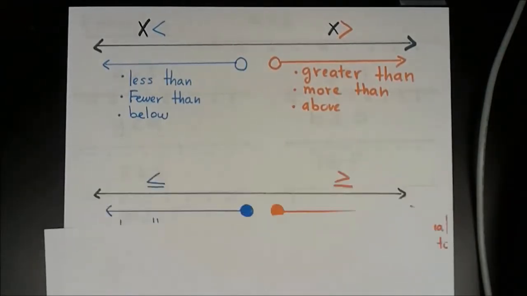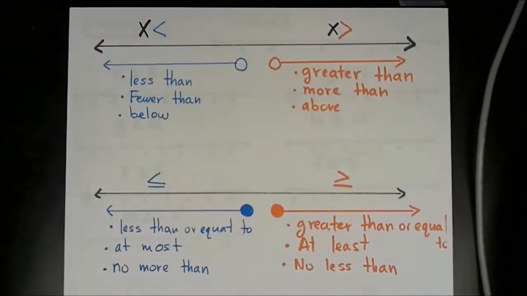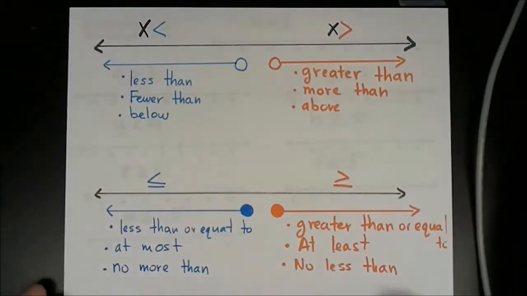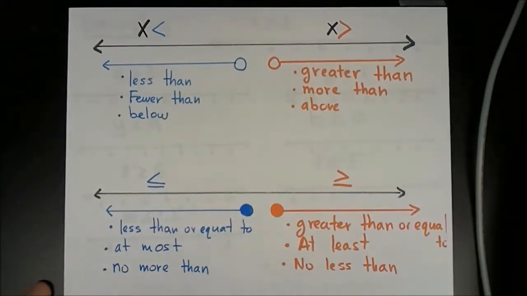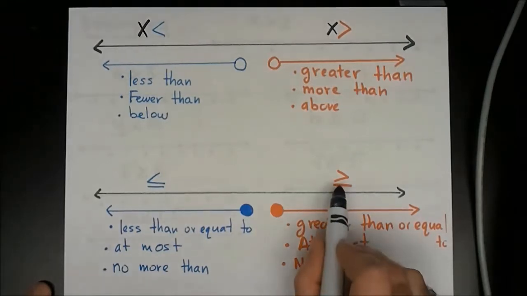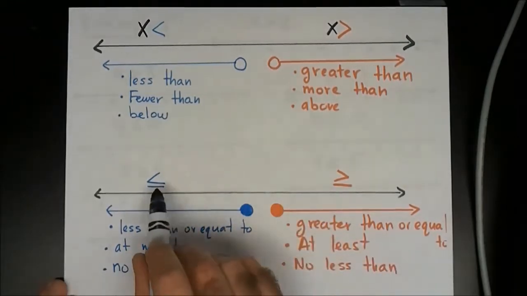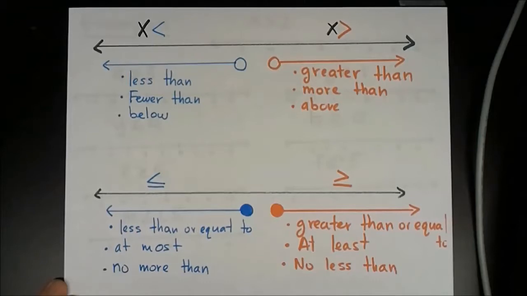Now, you can also have these symbols. These are similar to the greater than or less than symbols. These are called greater than or equal to, or less than or equal to.